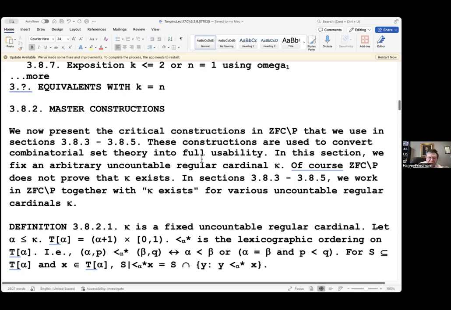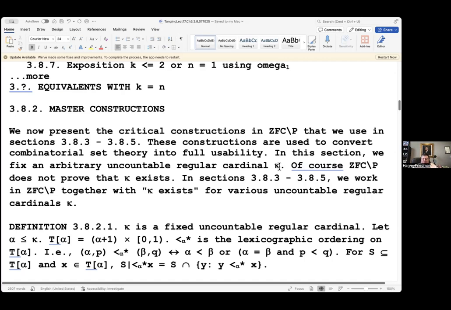And in the master constructions, we fix an uncountable regular cardinal kappa. Now, of course, ZFC minus power set doesn't even prove that kappa exists, omega 1, of course, being the least one. But that's not the point.